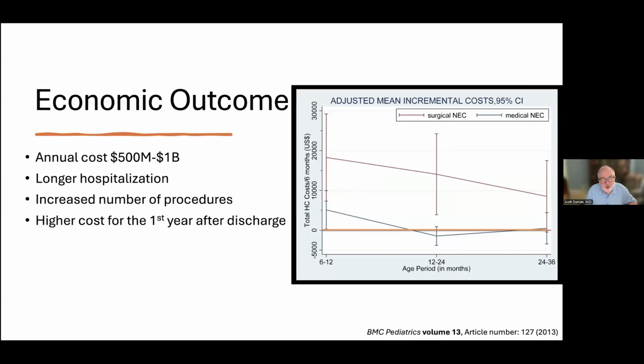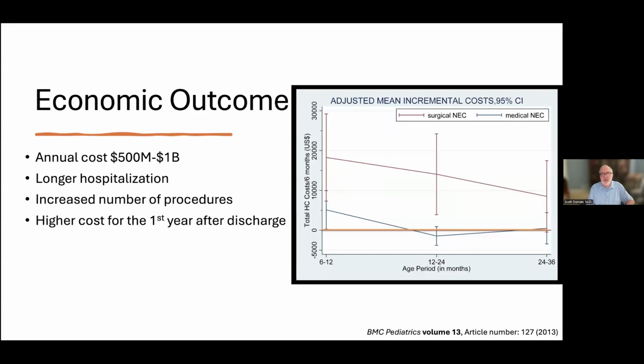The annual costs for necrotizing enterocolitis is estimated to be between $500 million and $1 billion. We think that there's longer hospitalizations, there's an increased number of procedures, and they remain at higher costs for the first year after discharge. On those babies that require surgery, those higher costs are maintained through the first 3 years.